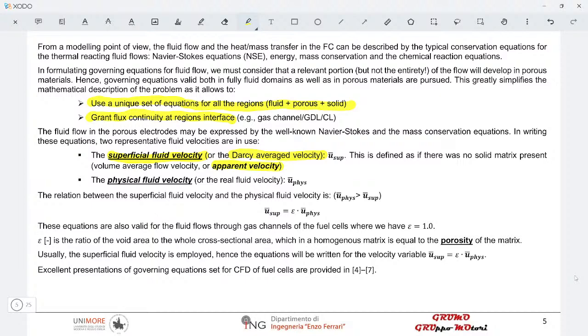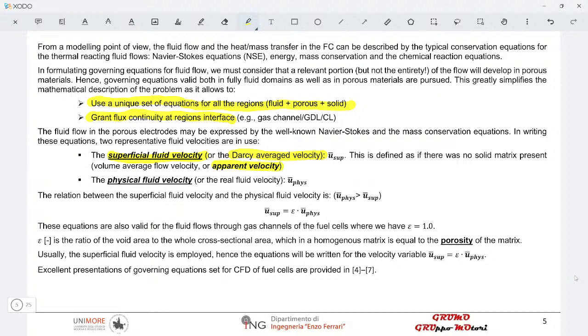Superficial fluid velocity means an apparent flow velocity. So clearly, if we have to grant the conservation of the mass flow rate, the velocity of each fluid particle within the reduced space available might be higher. But generally speaking, if we are not seeing inside the porous material, we are just seeing it as a black box, we will see a reduced volume average velocity. So this is the concept of superficial velocity.